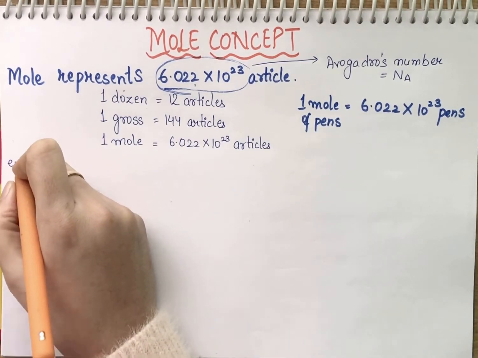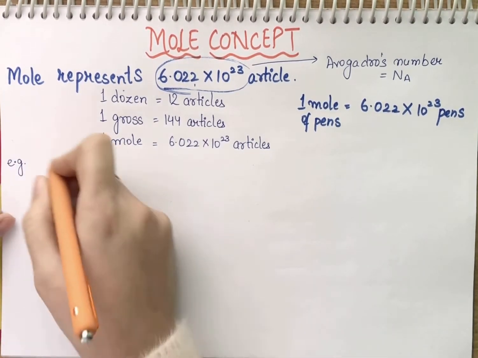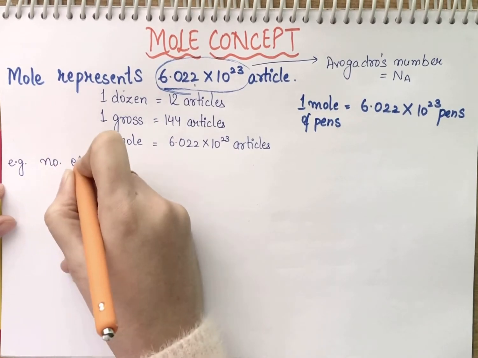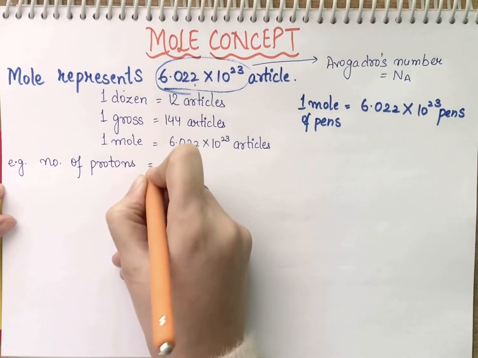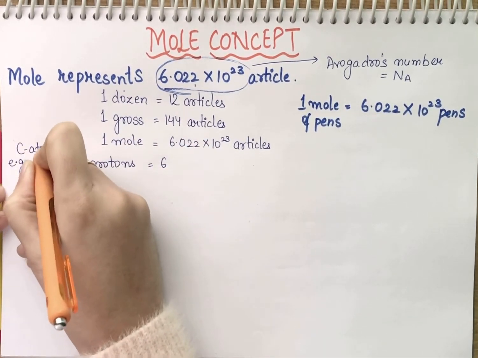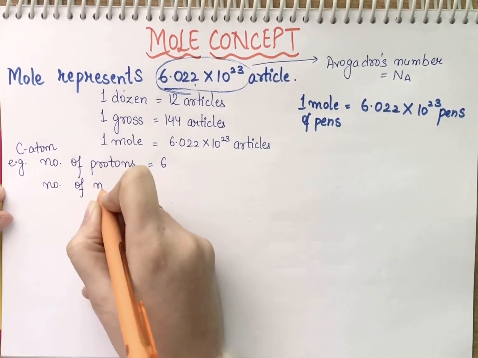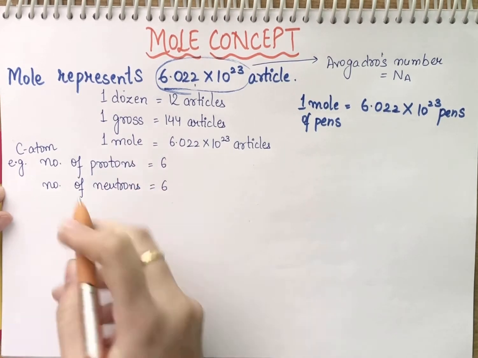I want to find the mass of carbon, okay? So in carbon, I know that I am having number of protons equal to 6, number of neutrons also 6, right?